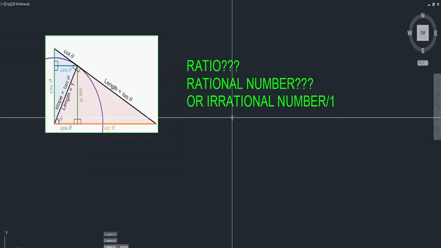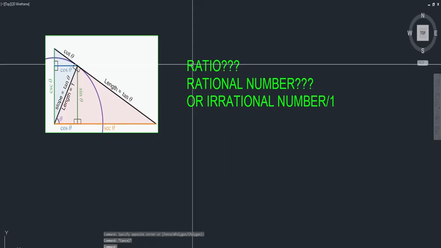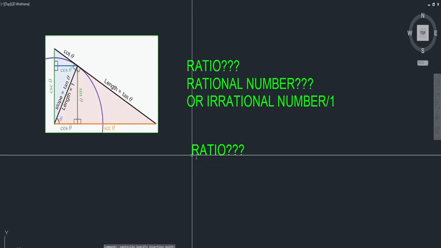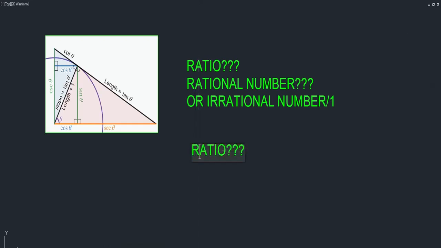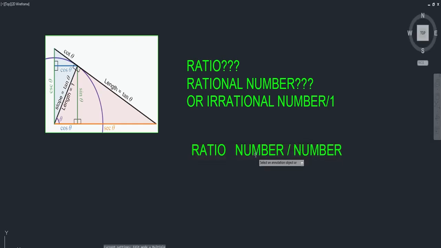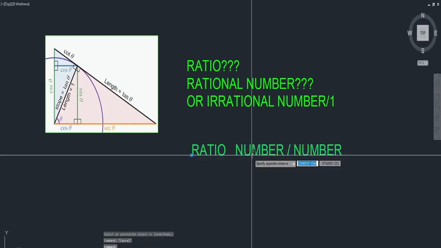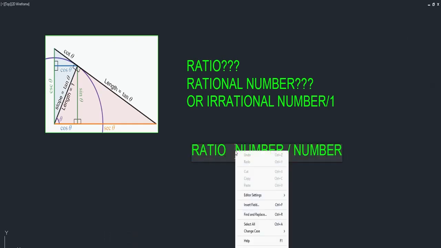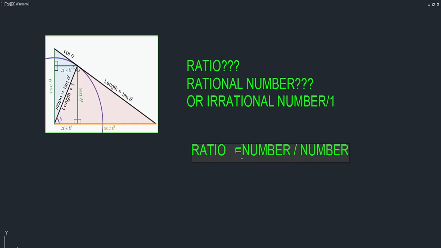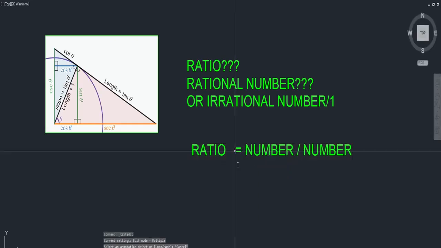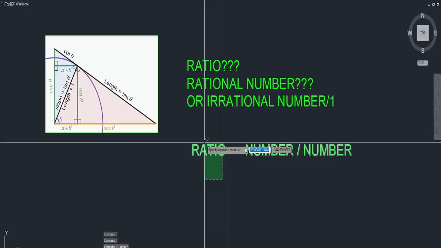But whenever we see any ratio, we should not think of it as a number divided by number. No, don't think of it in that way. If we think of it in that way, then it is the numerical statistics. Numerical statistics thinks the ratio is a number divided by number.